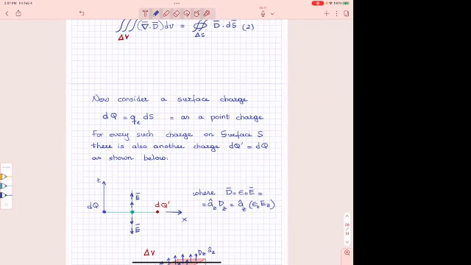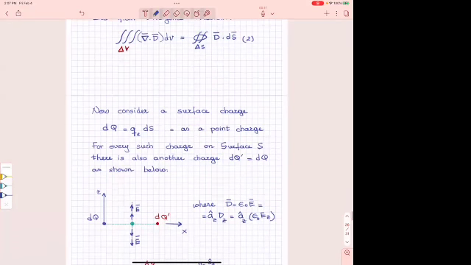Now, why is that important? Because I go back and say, if I have this infinite surface, for any point on this surface, there is another point. Let's assume that I'm sitting here, trying to measure the field where I am.